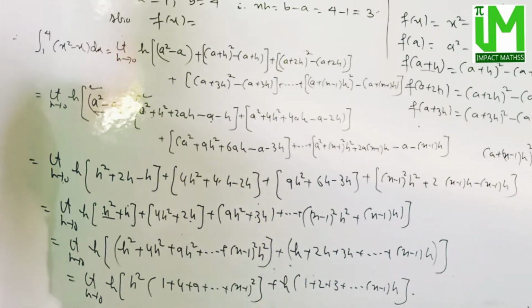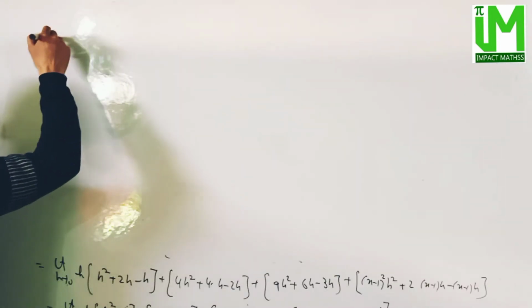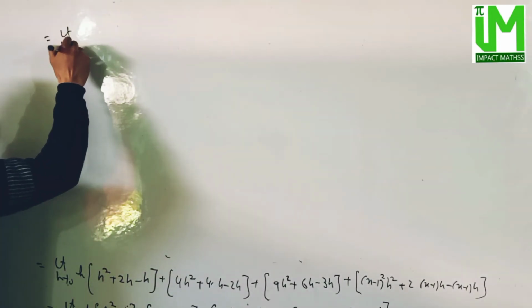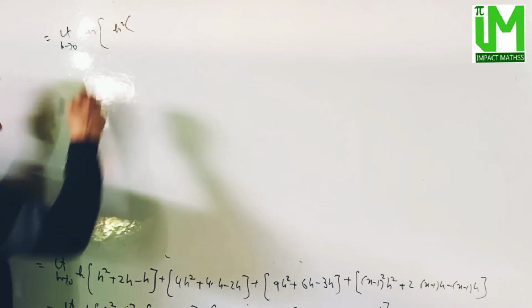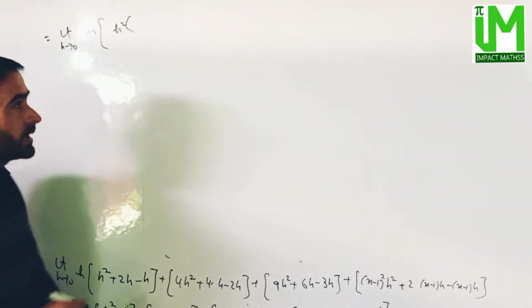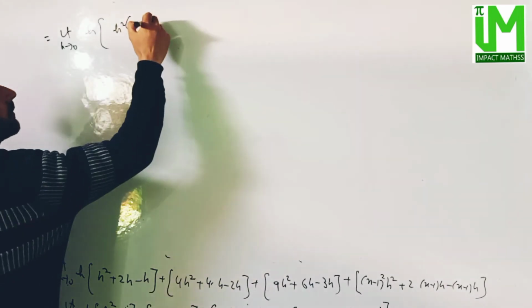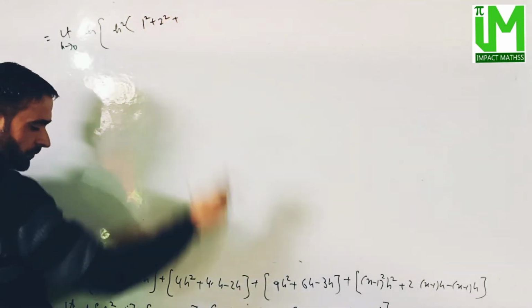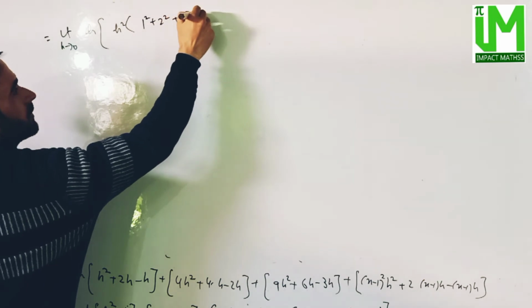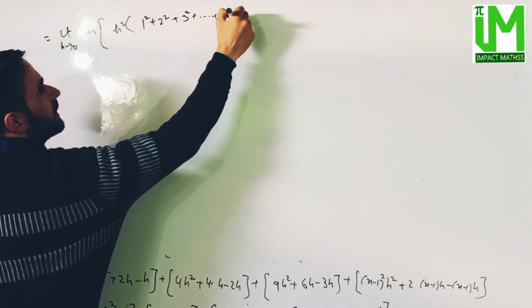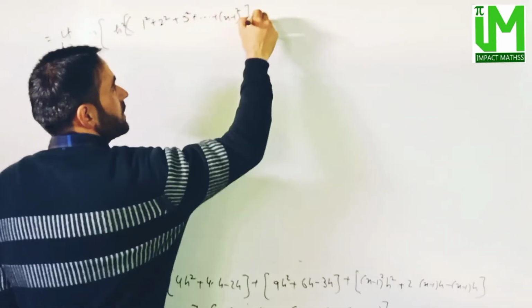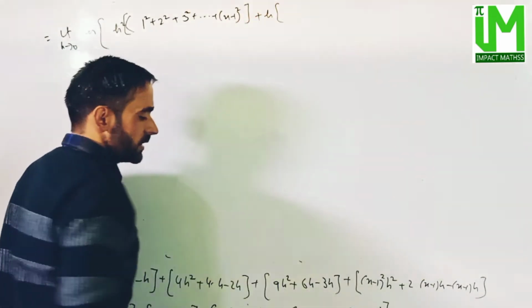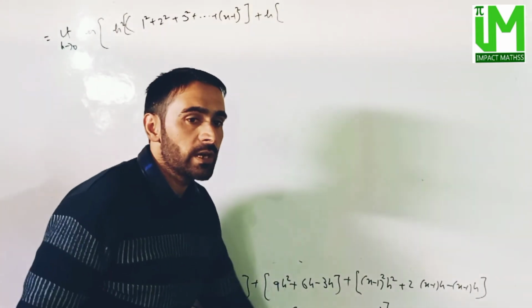Now complete this question here. So we will write limit h tends to 0 of h times h square into (1 square plus 2 square plus 3 square plus up to (n minus 1) whole square) plus h into the sum of first n minus 1 terms.